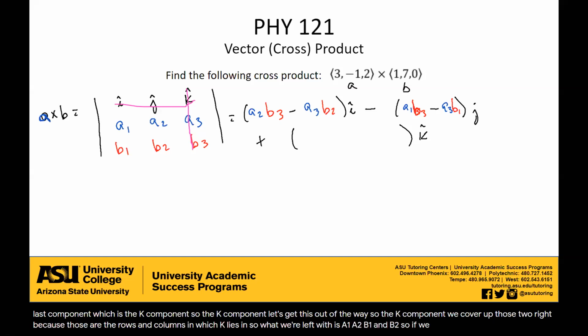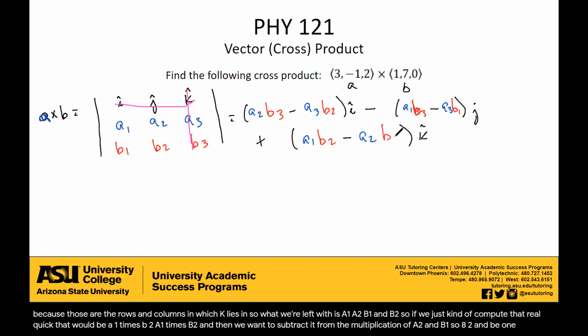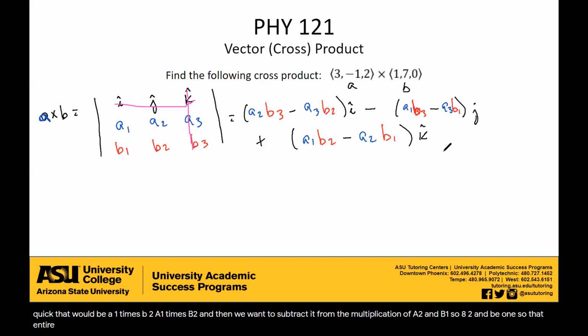If we compute that, that would be A1 times B2, subtracted from the multiplication of A2 and B1. So A2 and B1. That entire operation is the cross product.